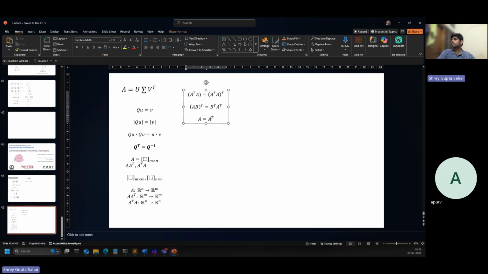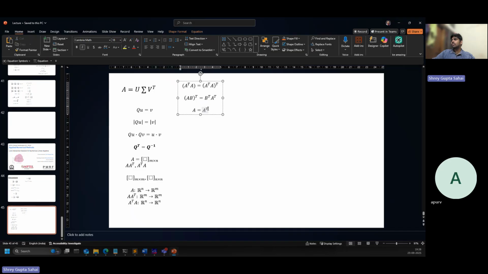Now, why are they powerful? The reason they are powerful is that they have a spectral decomposition. So what do I mean by that?